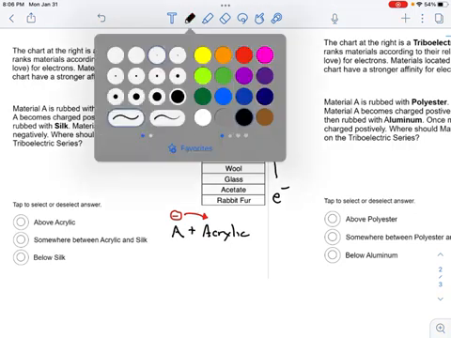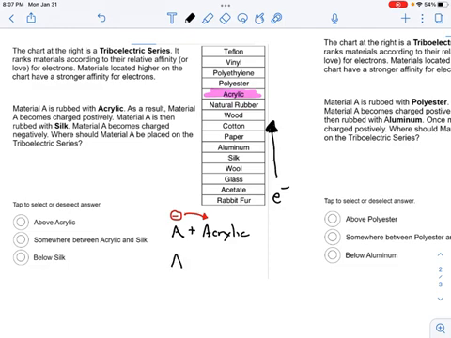Now material A is then rubbed with silk. And material A becomes negatively charged. So that means the electrons flew off of silk onto A. Okay.